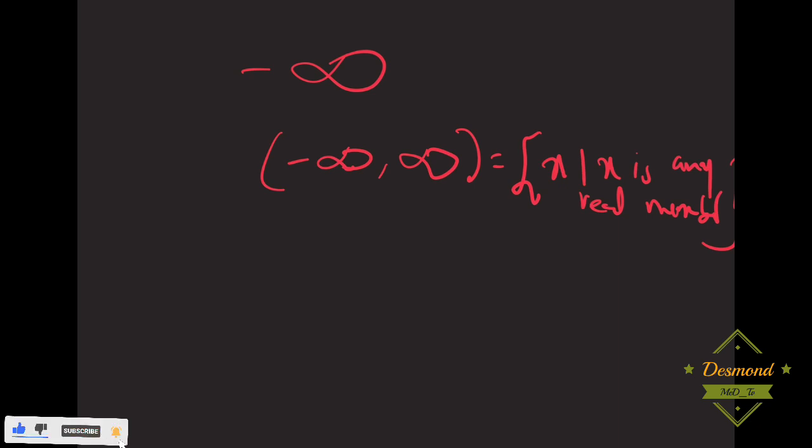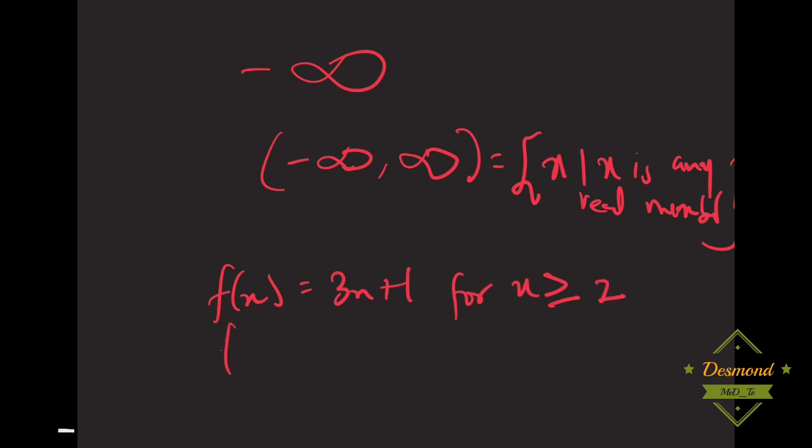For example, suppose we want to define a function with the domain being the set of all real numbers, such that f(x) is equal to 3x plus 1 for x greater than or equal to 2, and f(x) is equal to x squared for x less than 2.